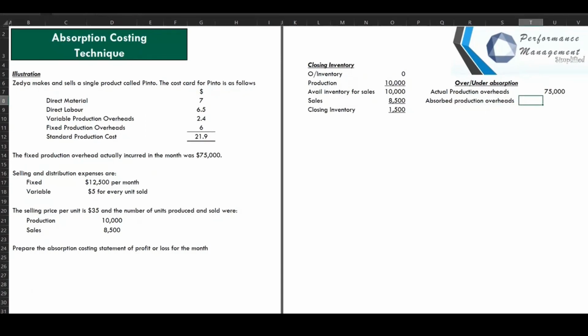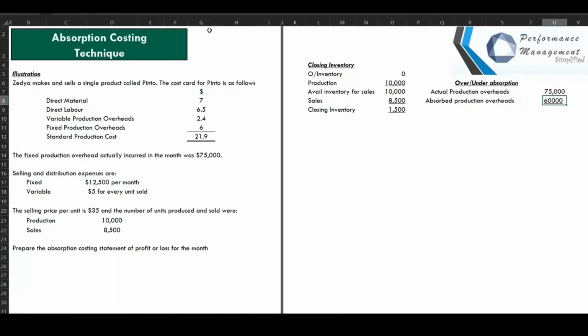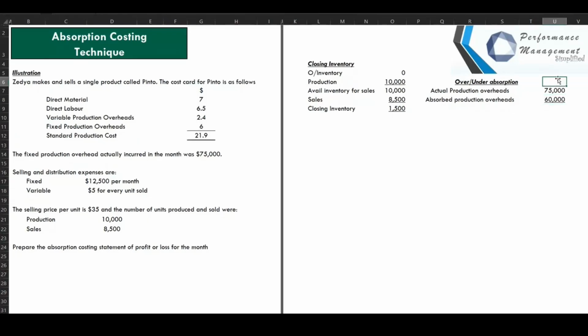The absorbed happens to be the overhead absorption rate, which is 6, multiplied by the actual number of units that was produced, giving 60,000.